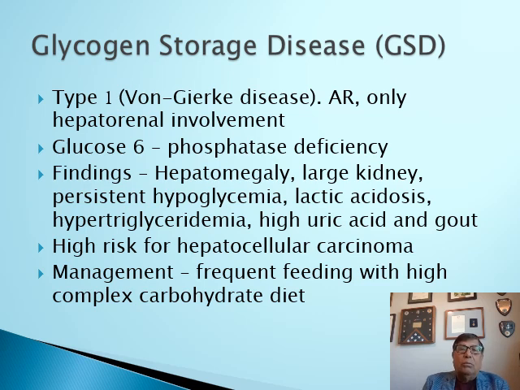Very vulnerable to develop hepatocellular carcinoma, and the management obviously is going to be frequent feeding with complex carbohydrate. At night, people have used corn starch to prevent significant nocturnal hypoglycemia.